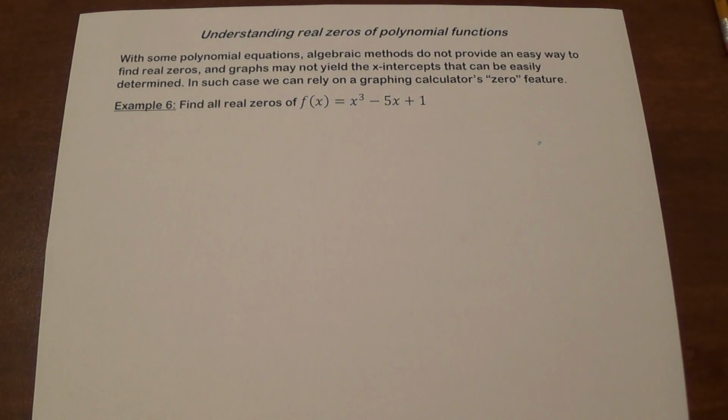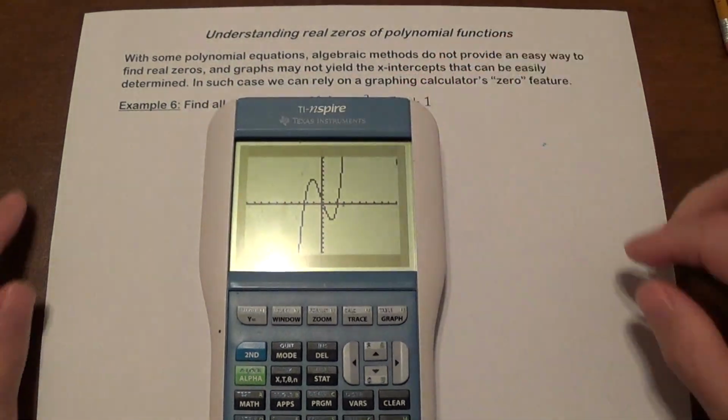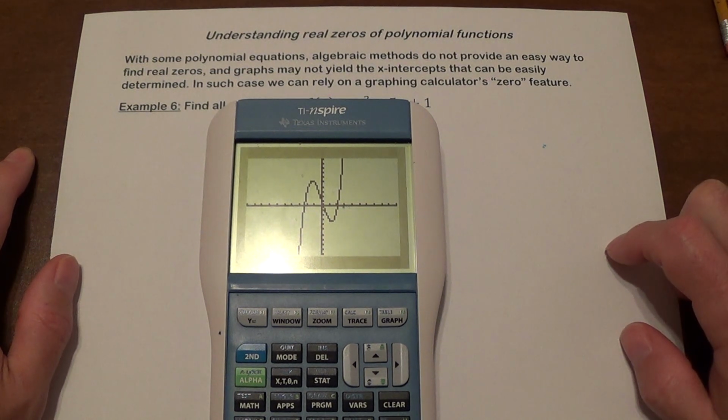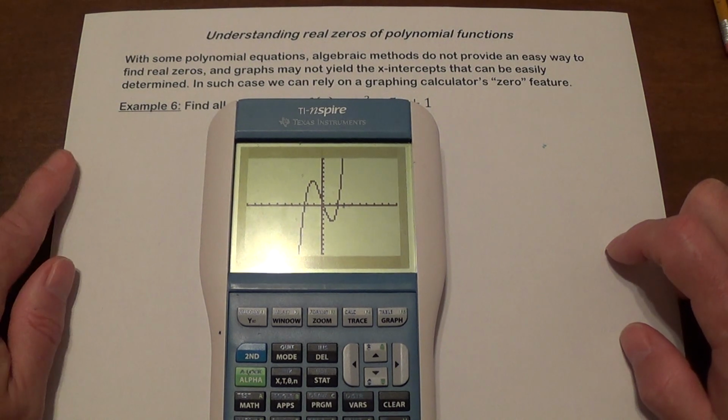So if I go to y equals and put my function in, so I have x cubed minus 5x plus 1, and I graph it, I'm going to get the graph that looks like this. So we see clearly that it crosses the x-axis 3 times. By the way, the degree here is going to tell you the most number of zeros you're going to get. So if we have a cubic function with degree 3, we can only have 3 solutions, so we don't need to look for any more.